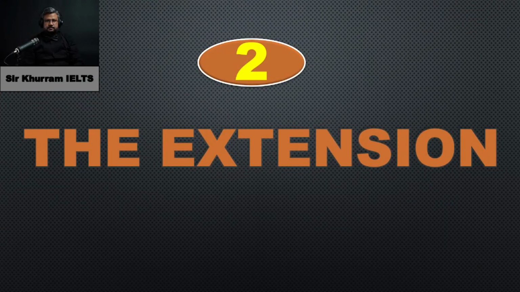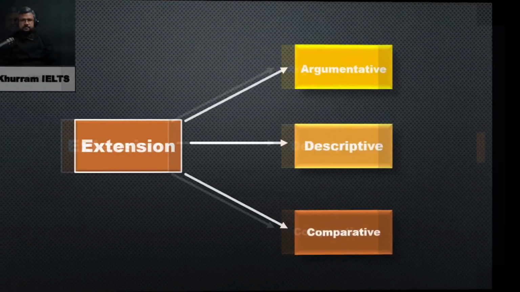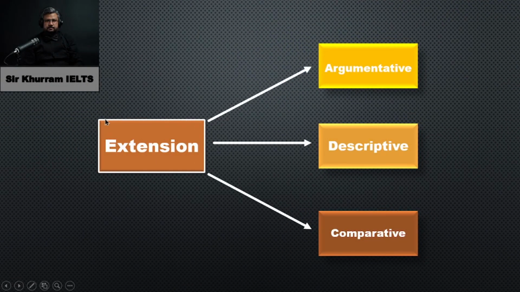The extension, which is the core of your talk, has to be very impressive and well versed, as I just told you before. Extension goes somewhat like this. The first possibility is the argumentative approach. The second is the descriptive style. And third is the comparative way. So we have to use one of them.